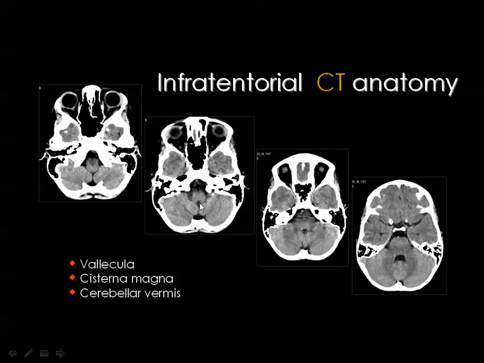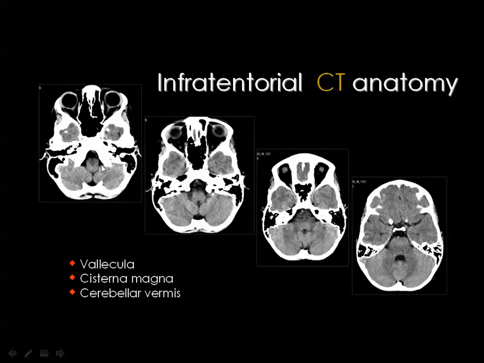But what you are seeing now is a CSF space running inferior to the cerebellar vermis, which is known as the vallecula. And this is the vallecula, and here you can see the cisterna magna, which is posterior to the cerebellum, and the cerebellar vermis is seen above the vallecula itself.